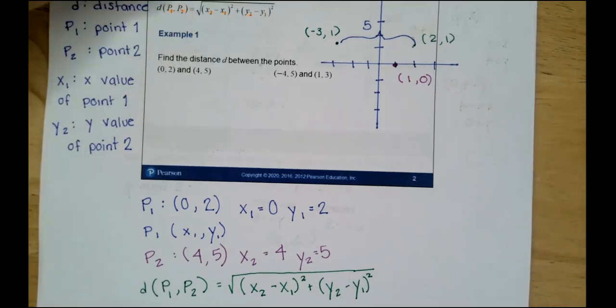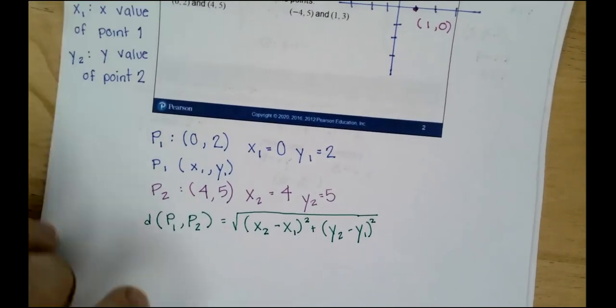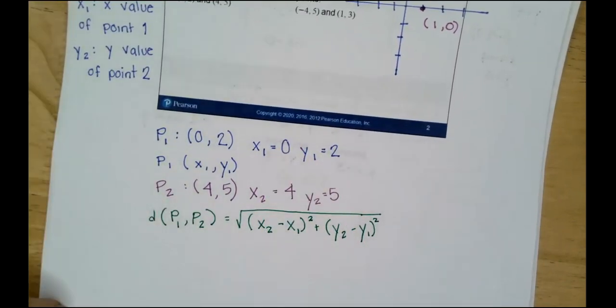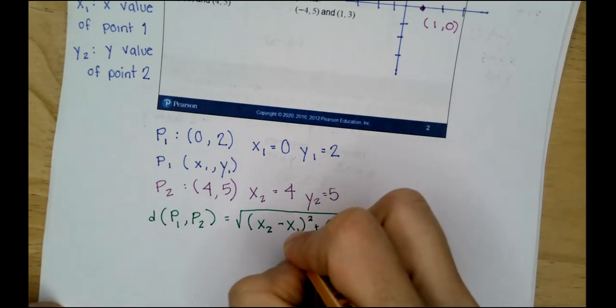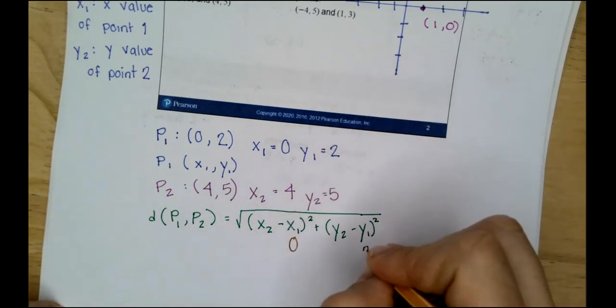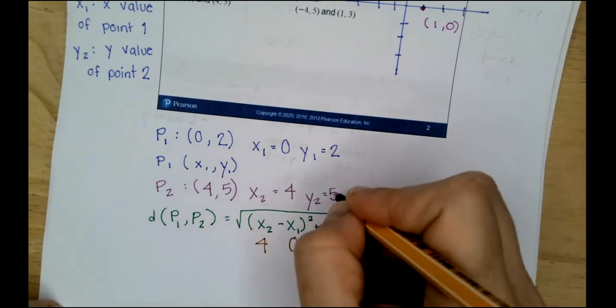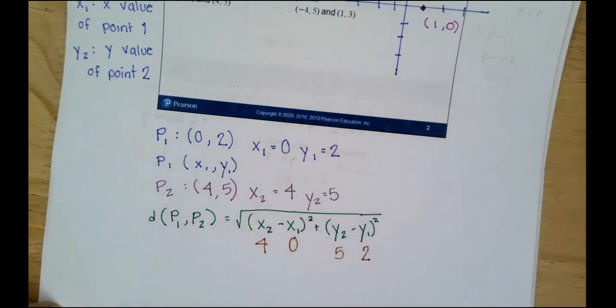I'm just going to substitute now. X1 becomes 0. Y1 becomes 2. X2 becomes 4. Y2 becomes 5.